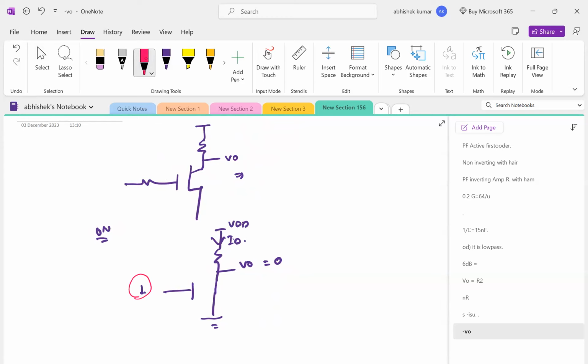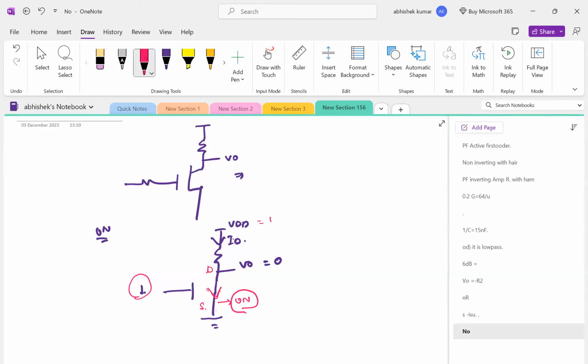MOSFET is in on state. If MOSFET is in on state, that means current flows from drain to source, right? So it needs a path for the current to flow. How can you get a path? For getting a path, your MOSFET logically behaves like that.